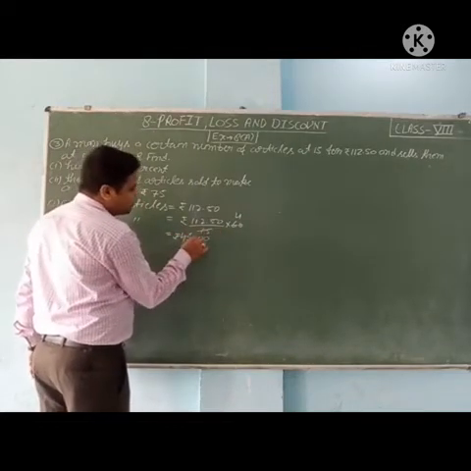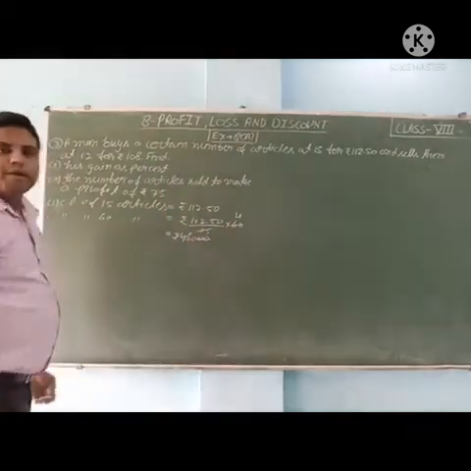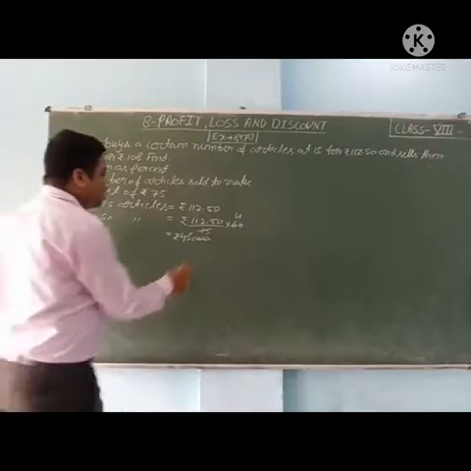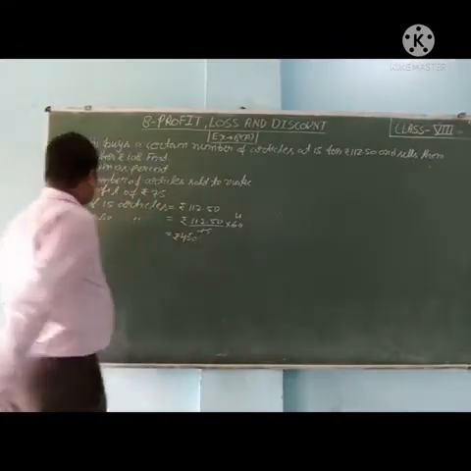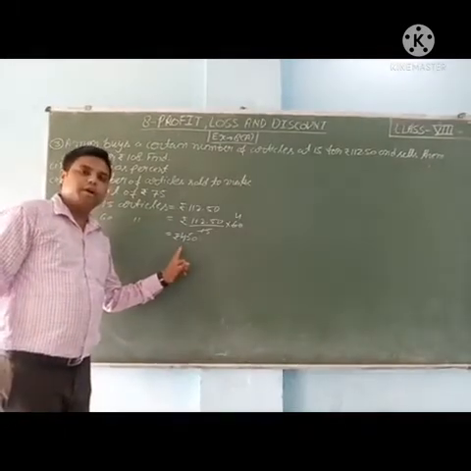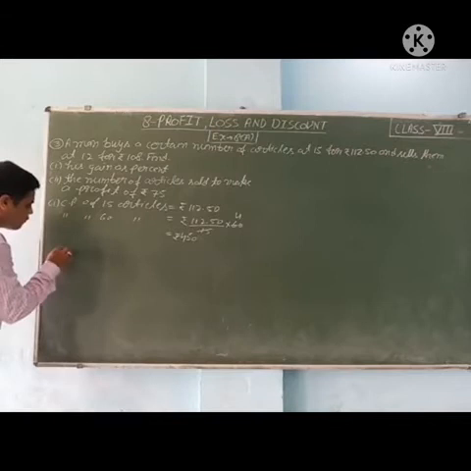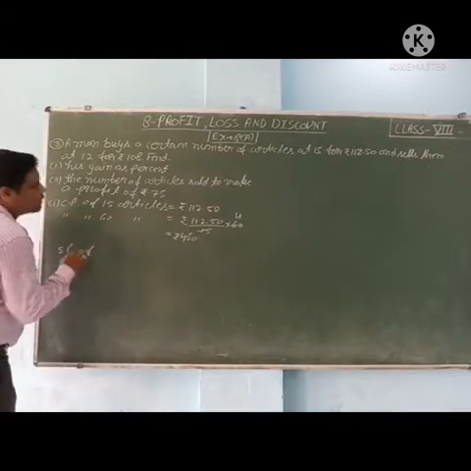Decimal will come after 2 places, so it means 450. So CP of 60 articles is equal to rupees 450. Now SP of how many articles?